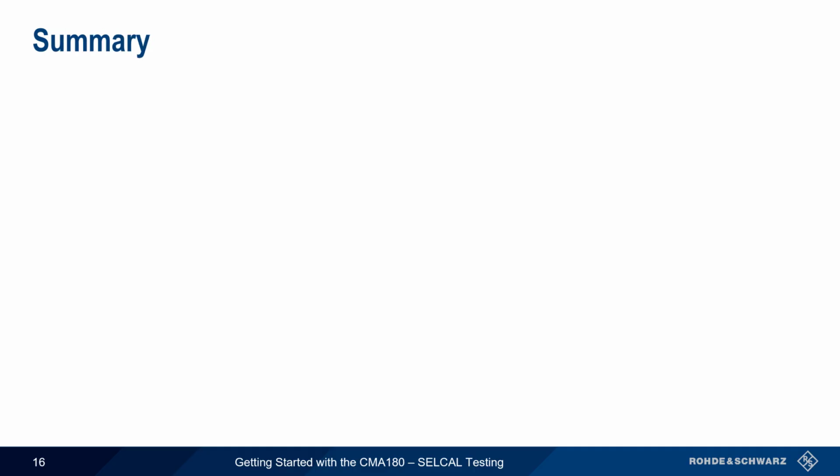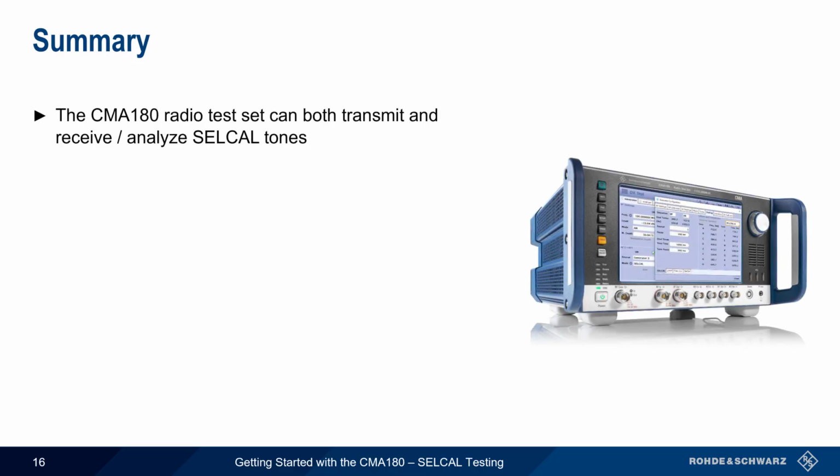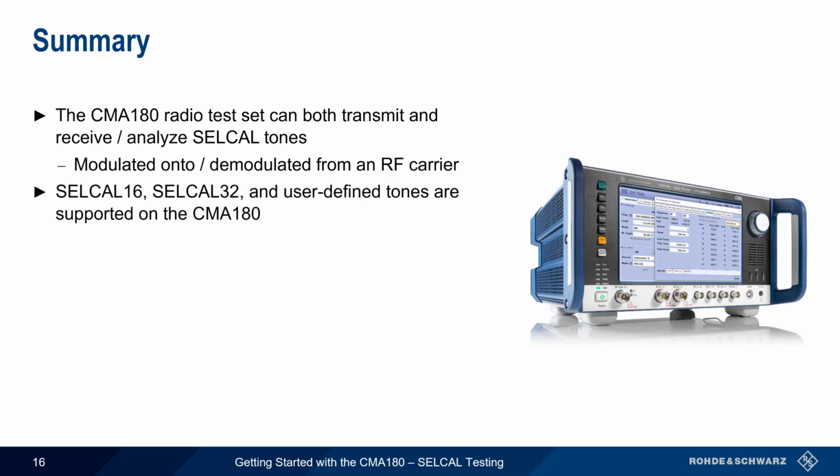Let's end with a brief summary. The Rohde & Schwarz CMA180 radio test set can be used to both transmit and receive or analyze the SELCAL tones used in aviation. In this presentation, we showed how to do this with tones modulated onto an RF carrier. The CMA supports both the traditional SELCAL 16 tone set and the more modern, expanded SELCAL 32 tones.